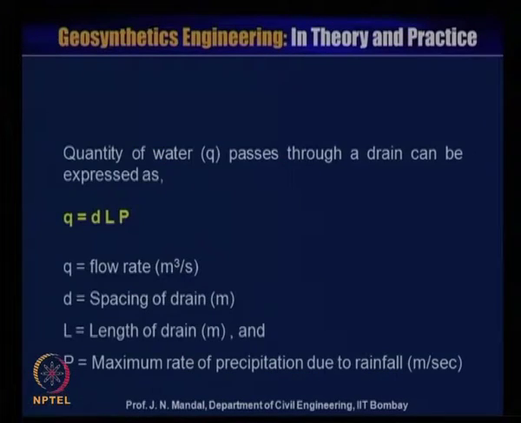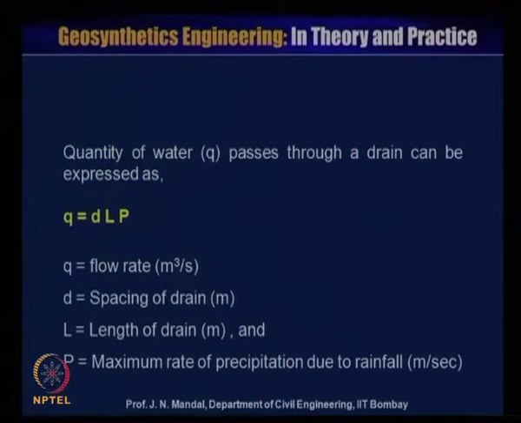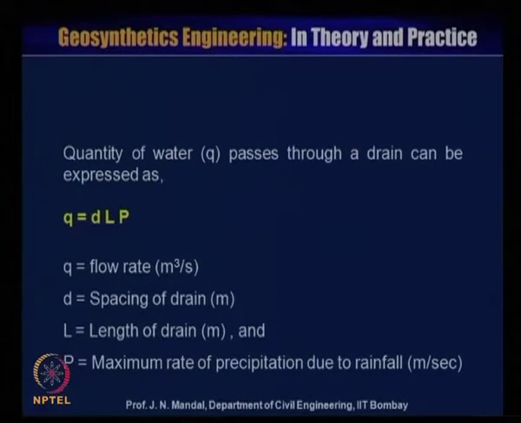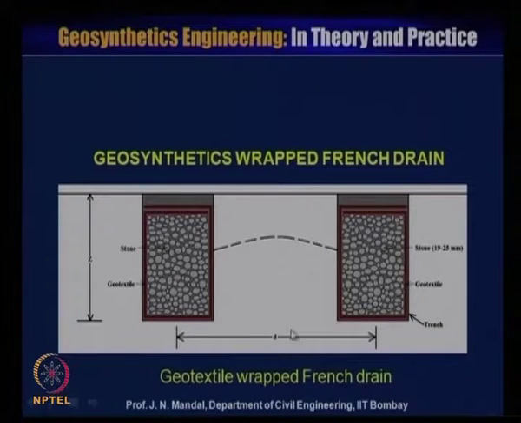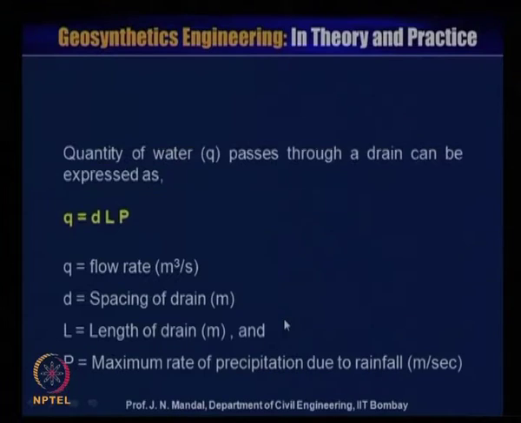Now, first of all, we have to find out the quantity of water, small q, that passes through the drain, which can be expressed as q is equal to D L P, where q is the flow rate in meter cube per second, D is the spacing of the drain in meters, as I showed you, the spacing between the two drains.